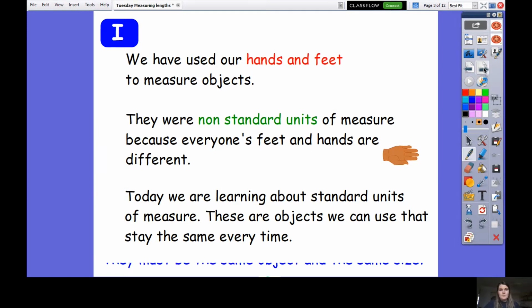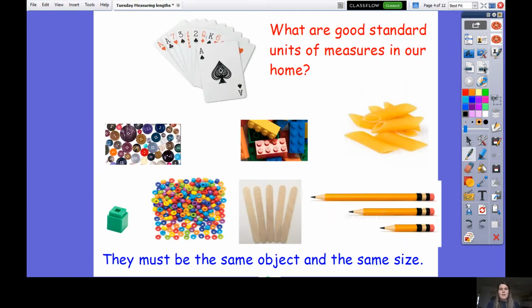Now, what objects could be used for a good standard unit of measure in our house? Well, we've got to make sure that they stay the same object. We can't use different objects, and they need to be the same size. So, for example, if we had some pencils, pencils might not be very good because they might all be different sizes.